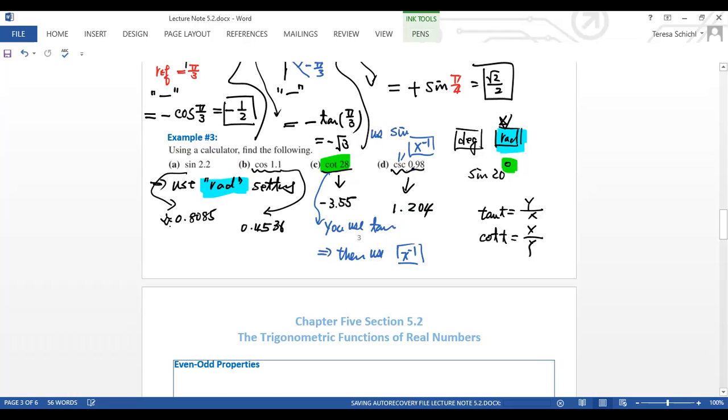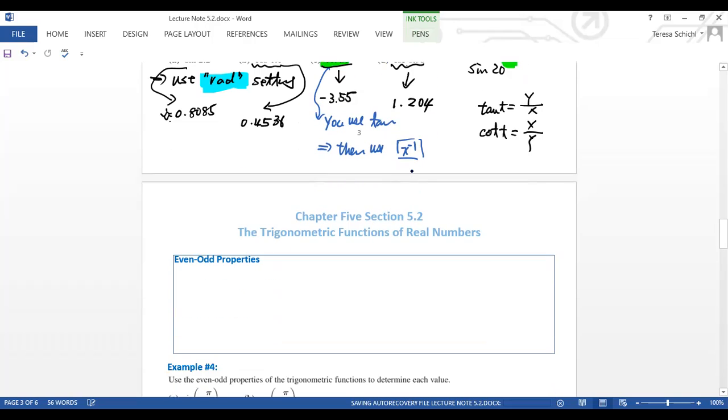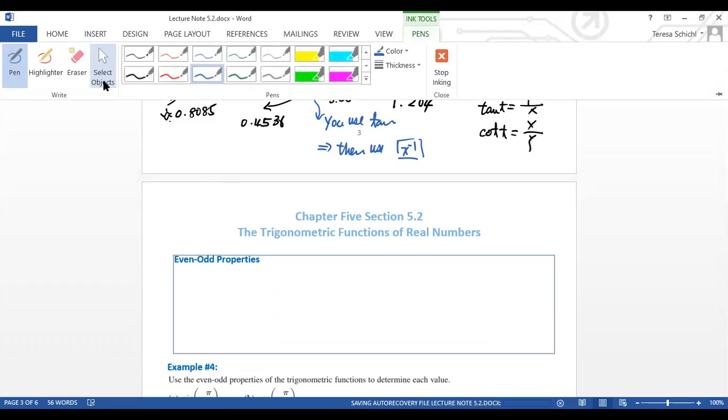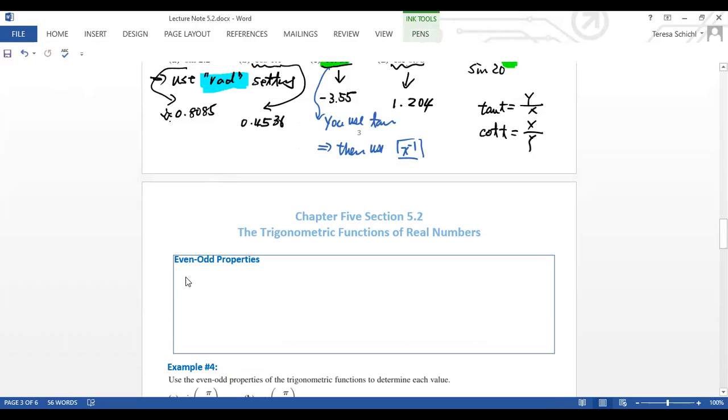Now let's take a look at another very important property, the even and odd properties. For even functions, that means the negative and the positive input give the same value.